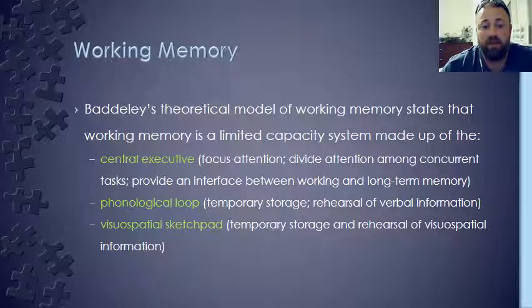The second is the phonological loop, used as a temporary storage and rehearsal for verbal information. And the last is the visual spatial sketchpad, which is the temporary storage and rehearsal of visuospatial information.